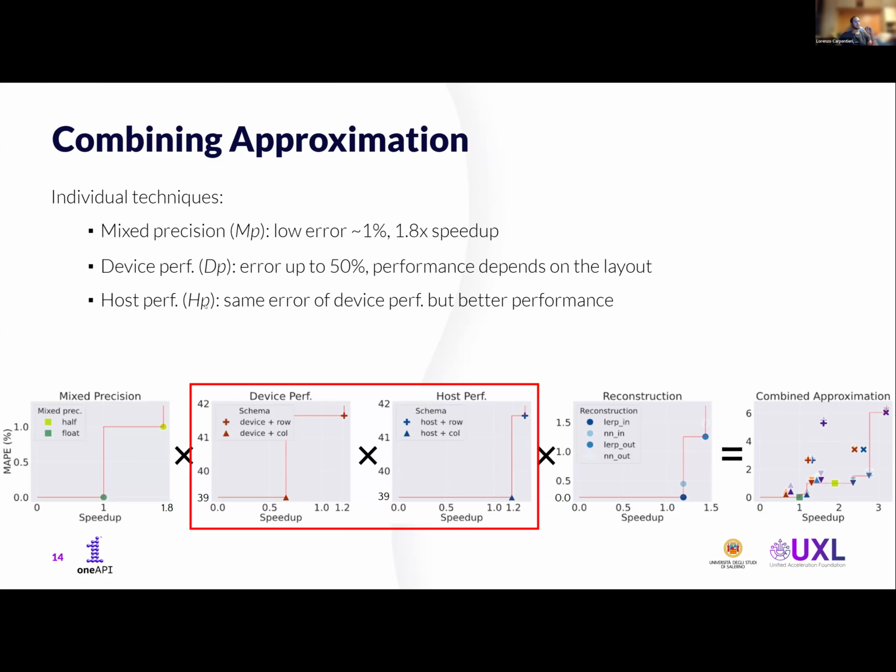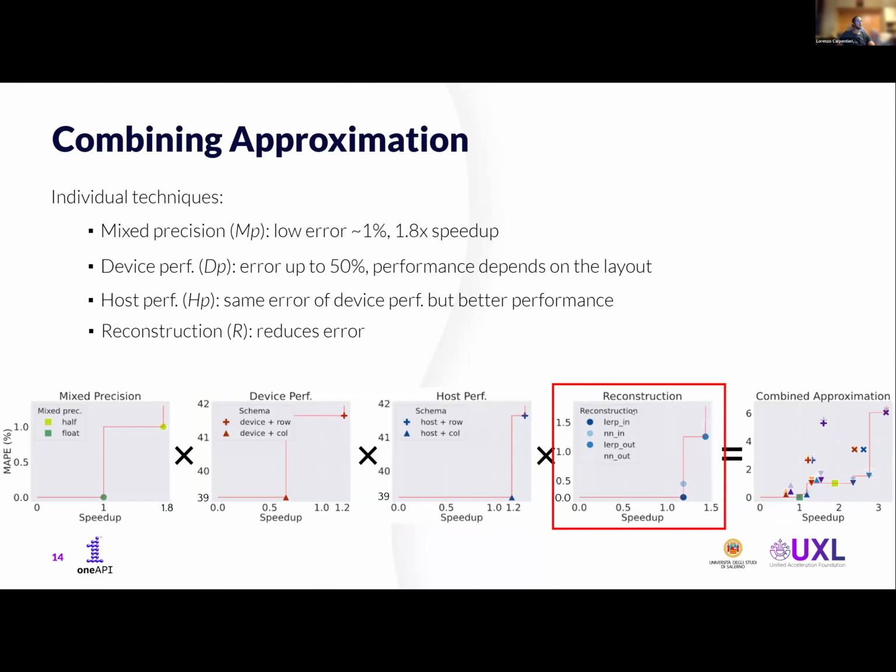If we look at device and host perforation without reconstruction, we have up to 1.2 or 1.3 times speedup and an error up to 50%. This is because we are not applying a reconstruction technique. If we apply a reconstruction with perforation, we have a lower error, only 1.5%, and a speedup of up to 1.5 times.